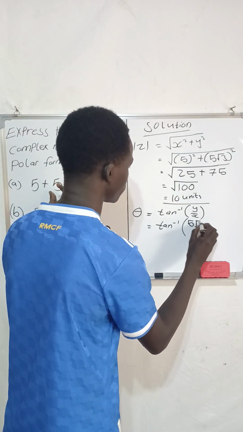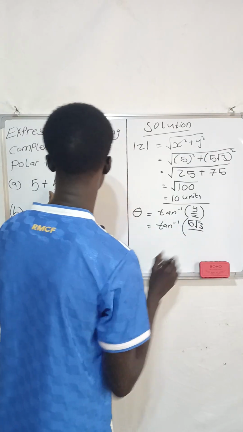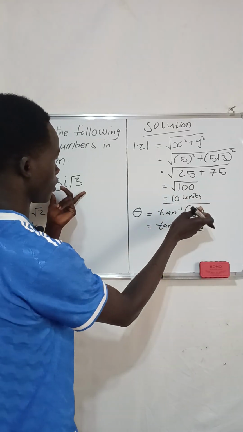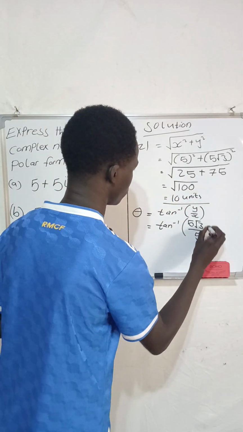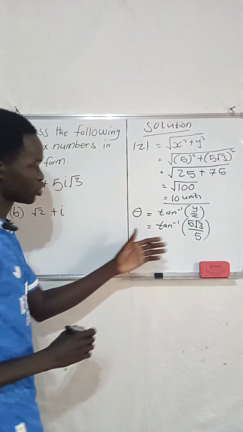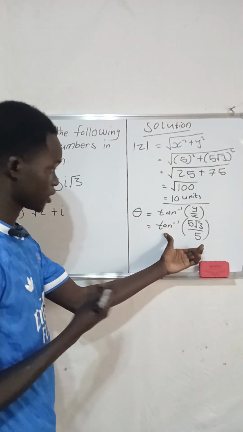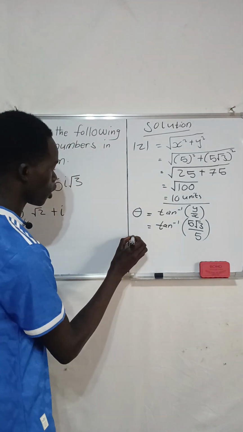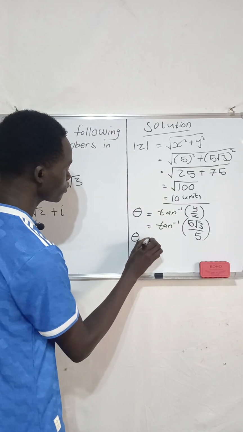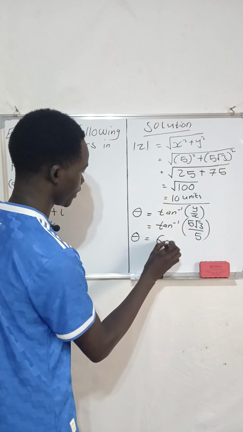Plugging this into the calculator, I think we have 60. So our theta is equal to 60 degrees.